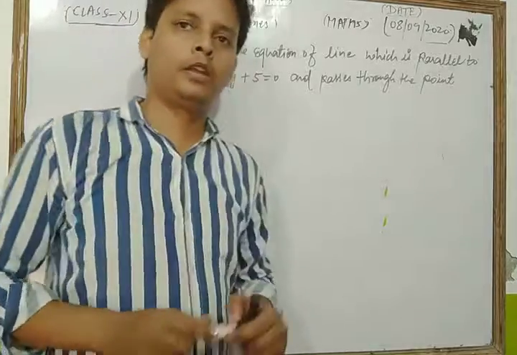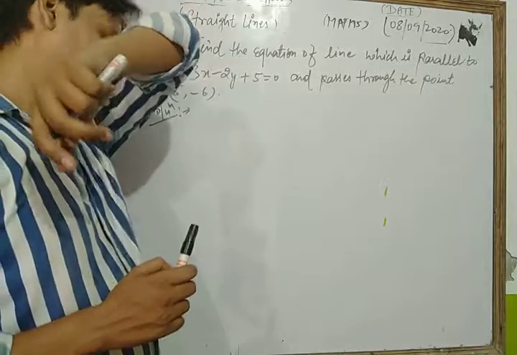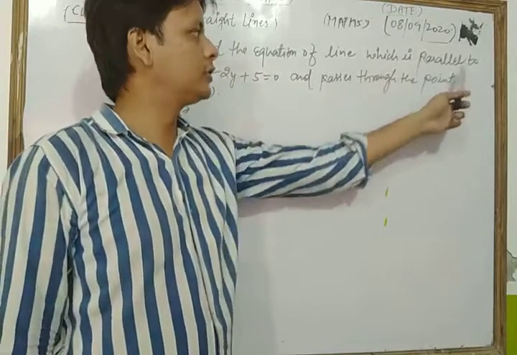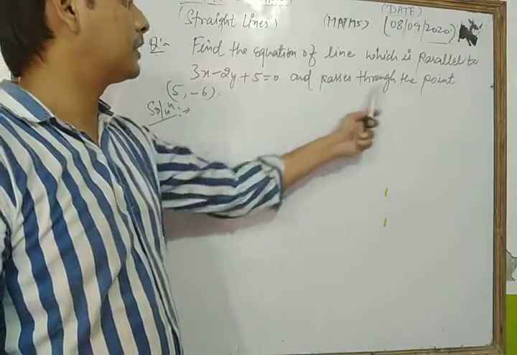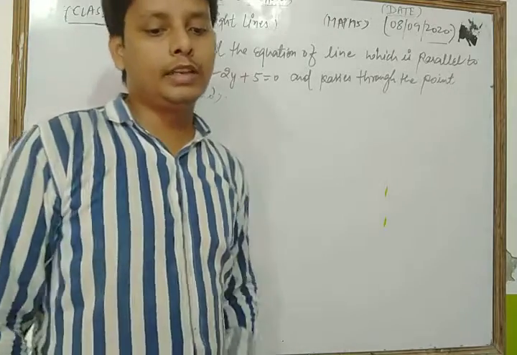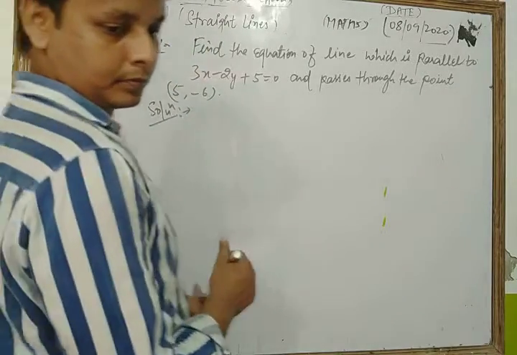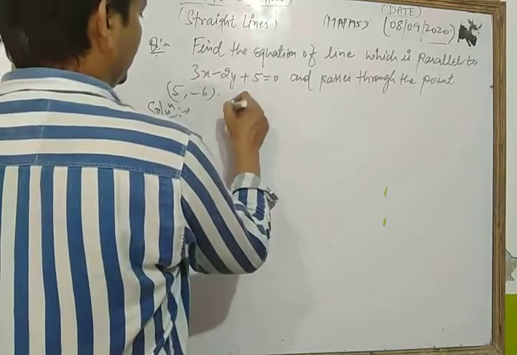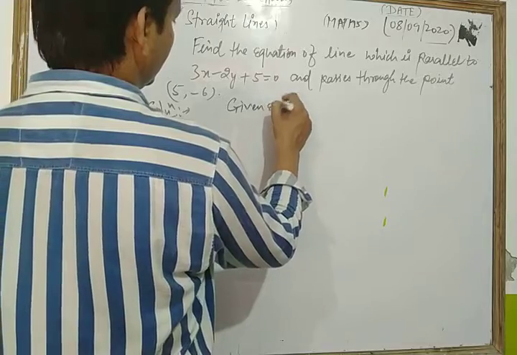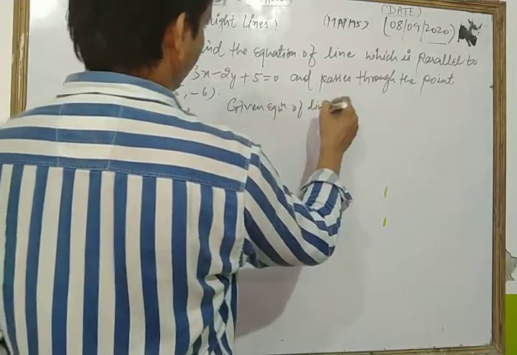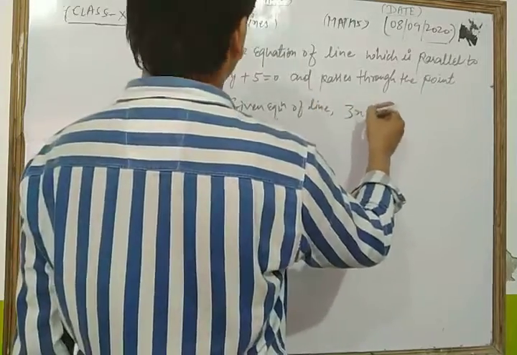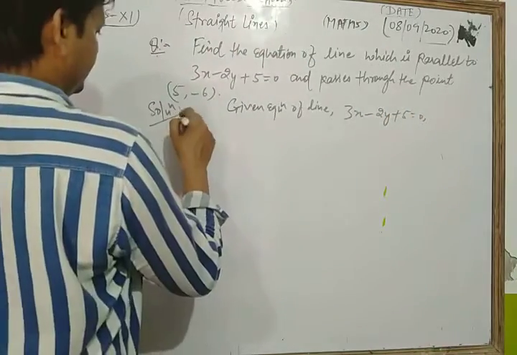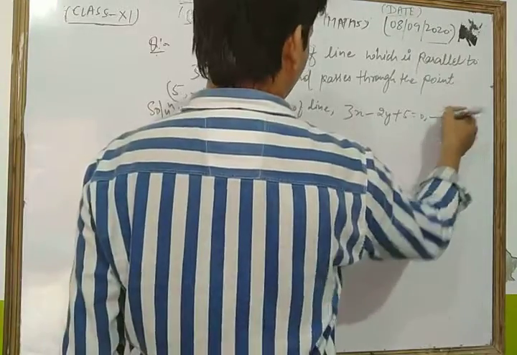Dear students, first of all, here we find the equation of line which is parallel to the given line and passes through the point. The given equation of line is 3x minus 2y plus 5 is equal to 0. Take this as equation number 1.